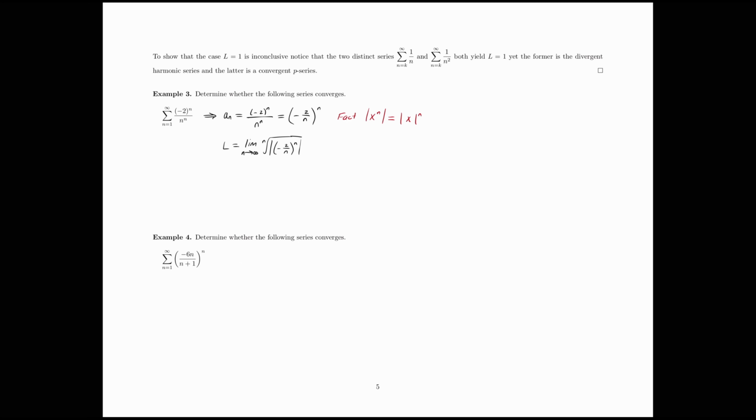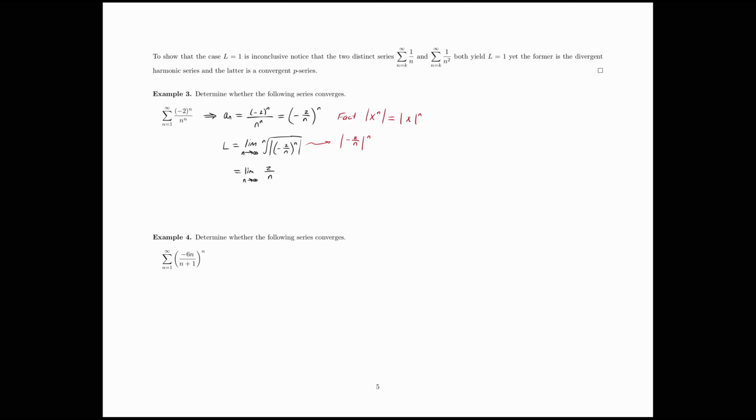So essentially, we could immediately think of this as the absolute value of -2 over n, to the n, in which case the absolute values will act on the -2 over n, making it a positive 2 over n to the n. Now, of course, the nth root will cancel with this absolute value term being raised to the nth power, so this will turn into the limit as n goes to infinity of 2 over n.